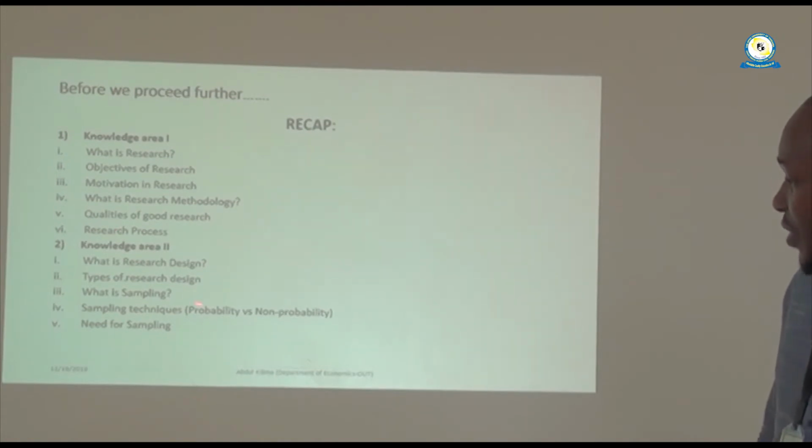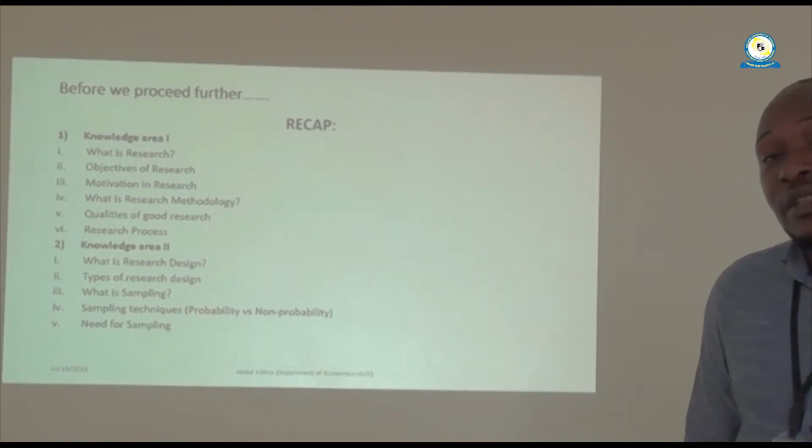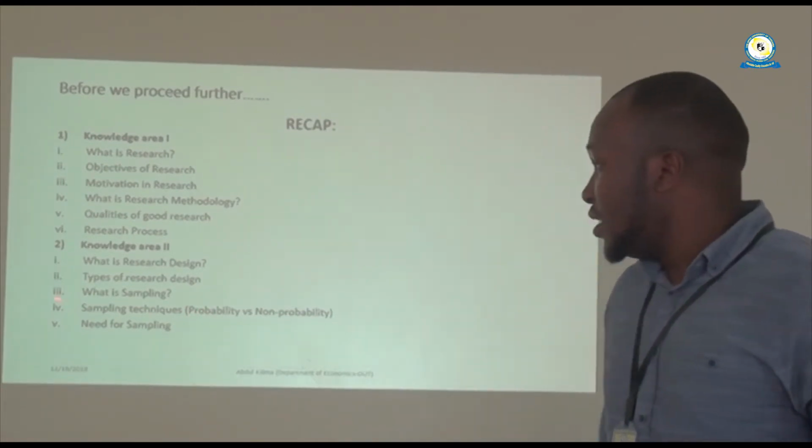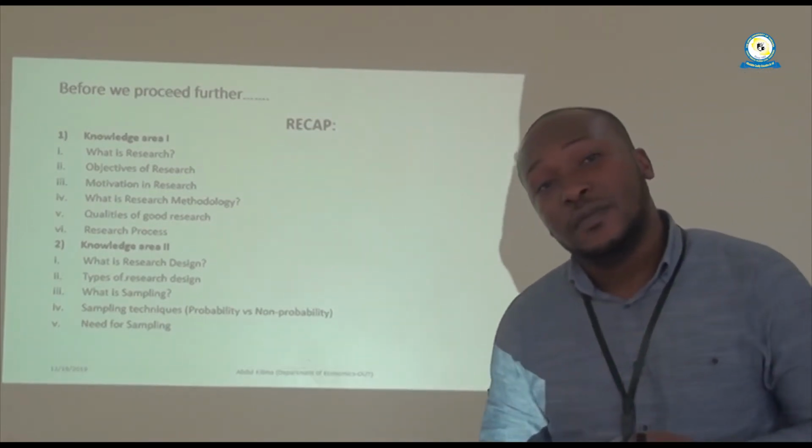Another method of probability sampling that we looked at was systematic random sampling. This is simply a random sampling which is done systematically.